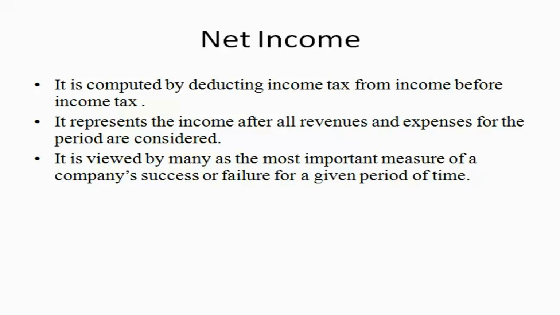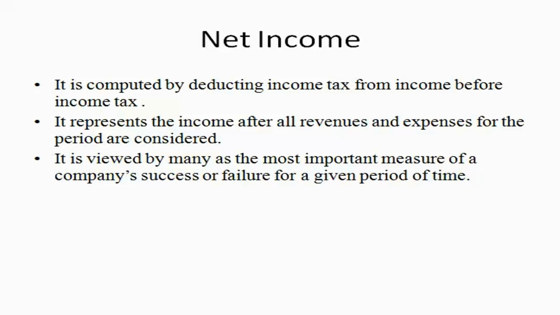The next item is a net income. A net income is computed by deducting the income tax from the income before the income tax. It represents the income after all revenues and expenses for the period are considered.